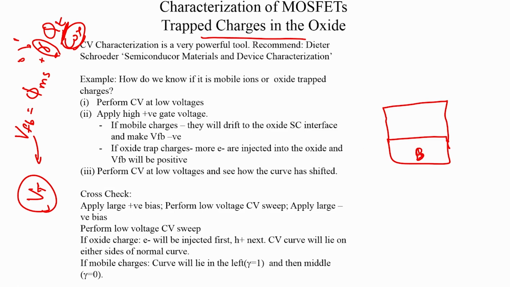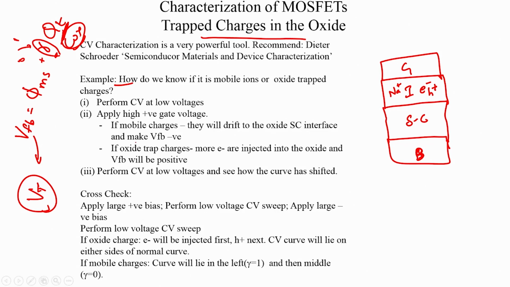Okay. So, we have a semiconductor, you have an insulator, and you have a gate, and the question is, I do see charges trapped there, but I do not know whether these are oxide trap charges, which are electrons and holes, or whether they are mobile ions. So, how do I go about identifying this? Okay. So, that is an example.